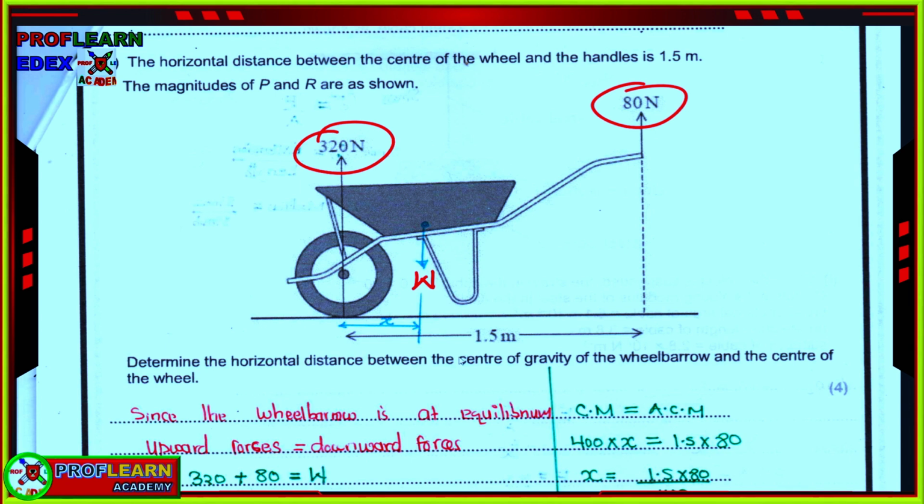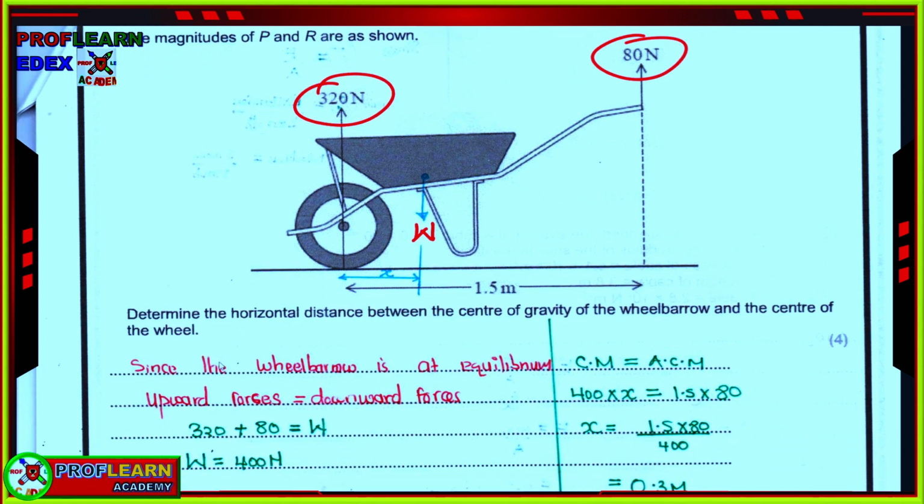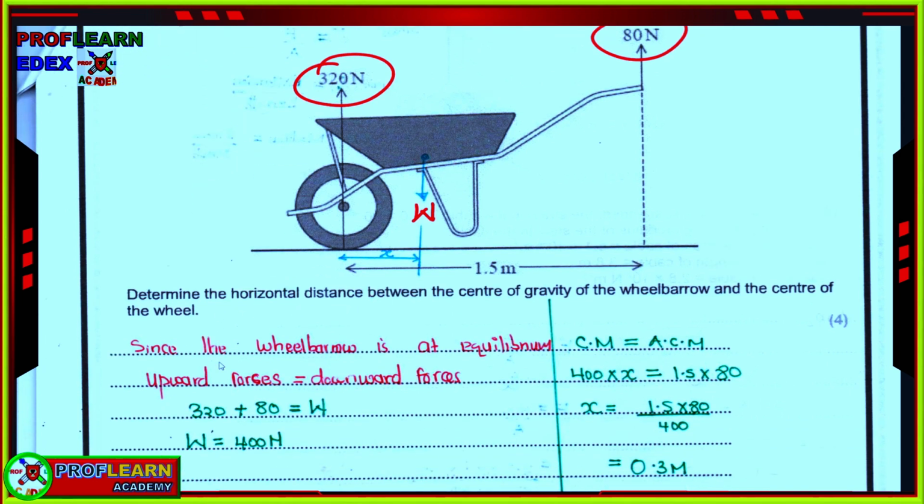Determine the horizontal distance between the center of the wheel and the center of gravity of the wheelbarrow. Now, remember, this reaction force is at the pivot. This is where the wheelbarrow will be rotating about.